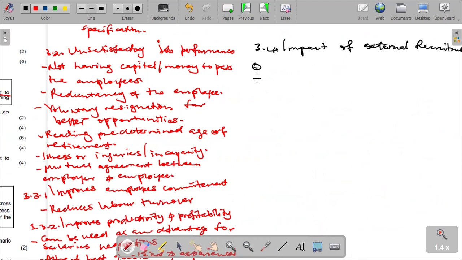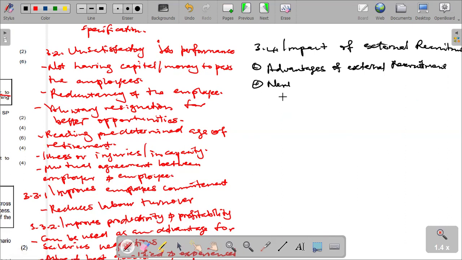What is the impact of external recruitment? We are talking about the advantages of external recruitment. What are the advantages? One, new candidates bring new talents, ideas, and experiences into the organization.